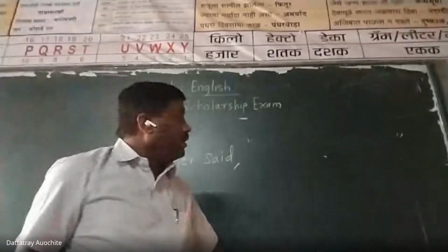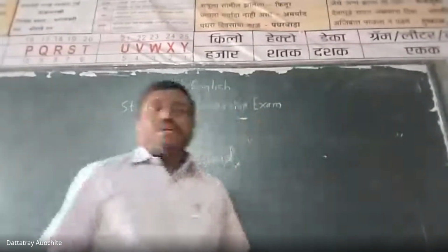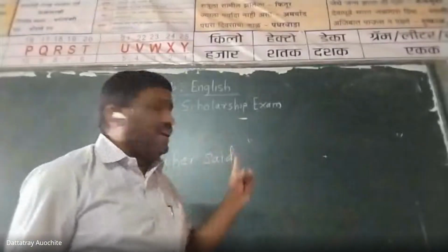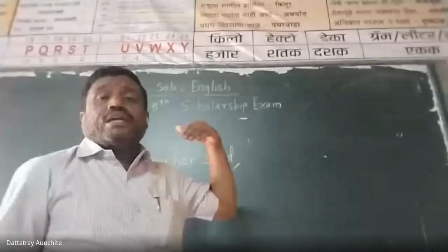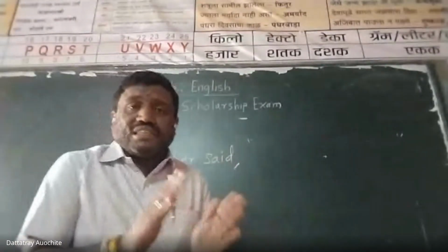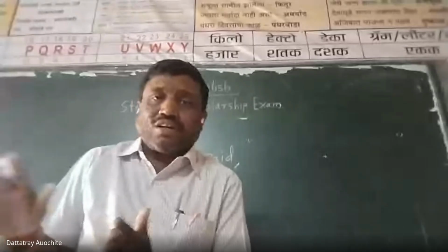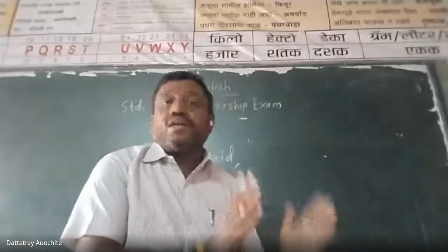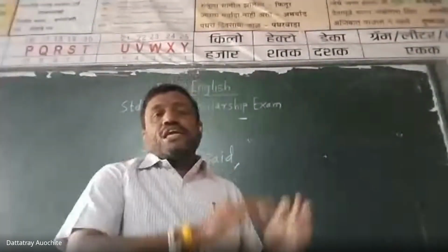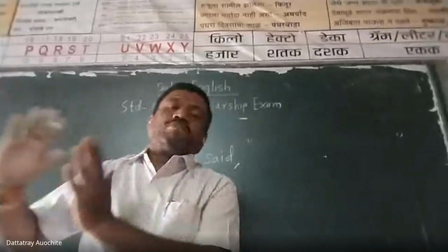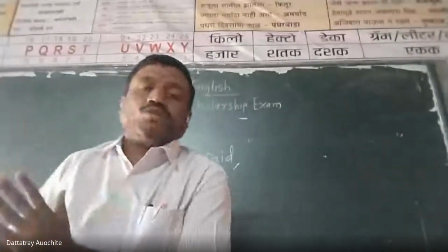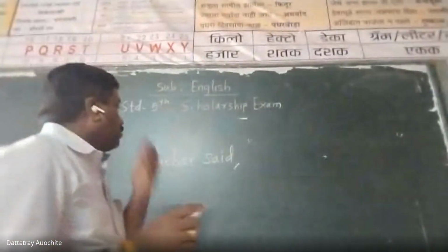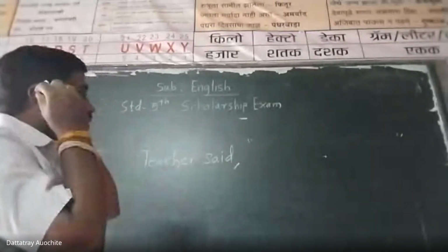In Marathi, for inverted commas, we say avtarana chinha. Single inverted comma, double inverted comma. This is another term. It is not related to the comma. Comma is a separate punctuation mark, and inverted commas are a separate punctuation mark. Do not mix them.